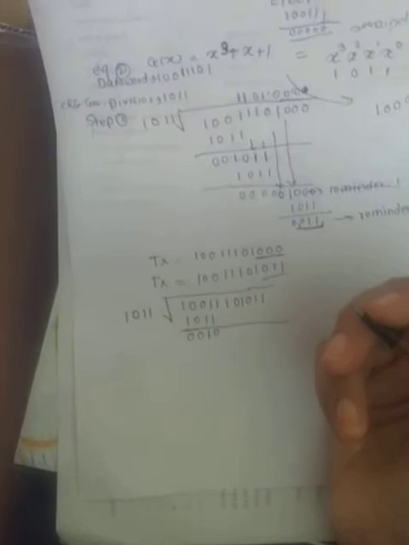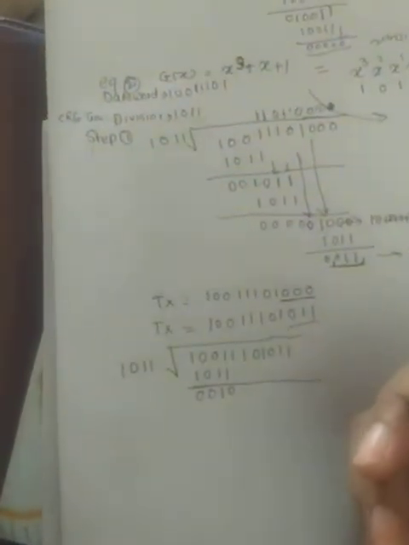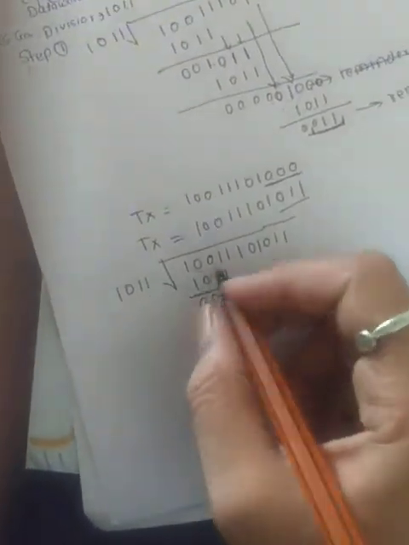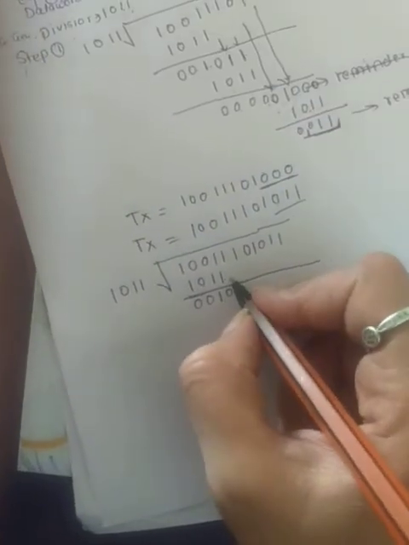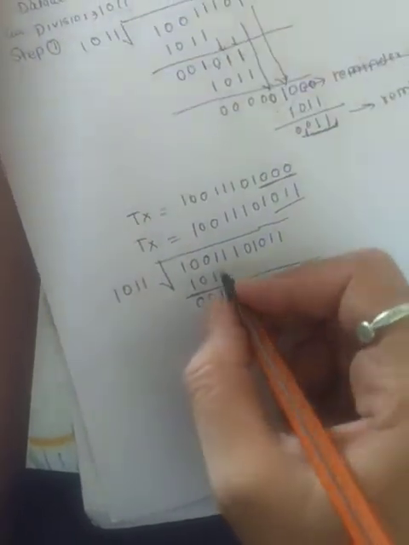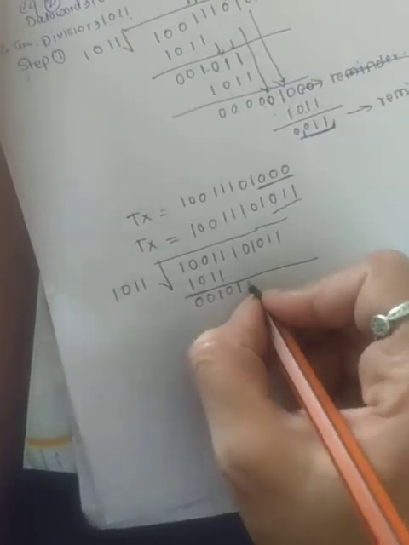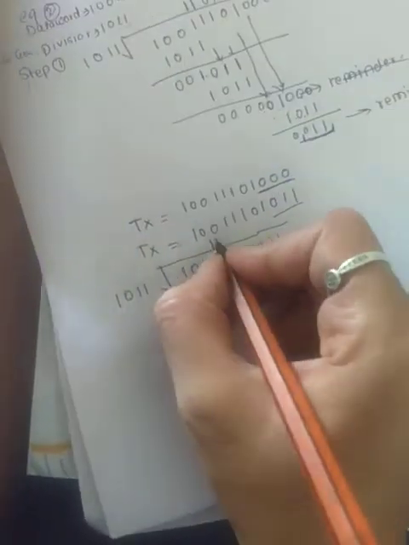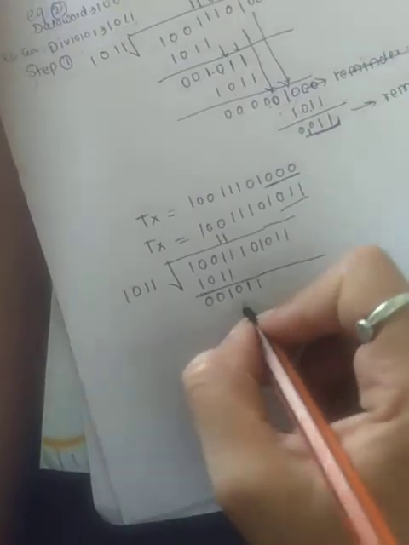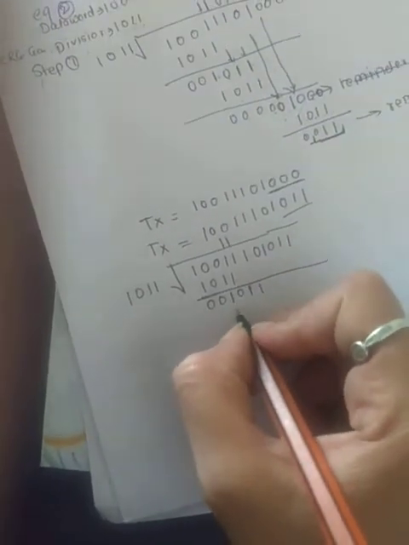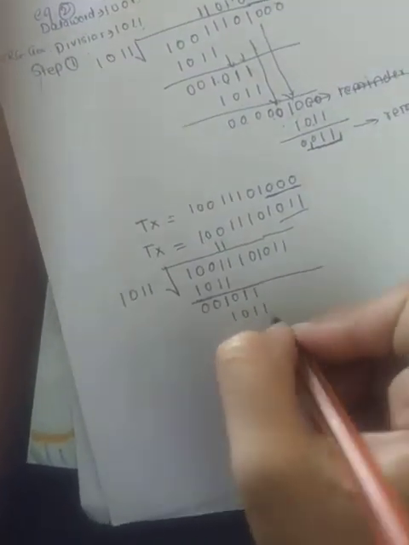If the remainder is 0, then the data is error free. If the remainder is not 0, then the data has some error. So we have to calculate it. 1011. So we take that upper. Then 1011.